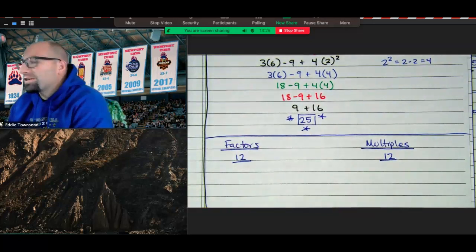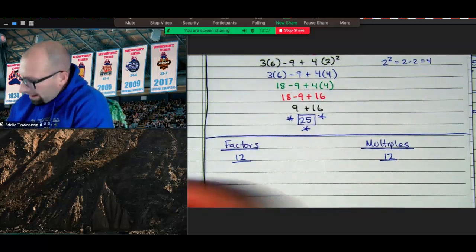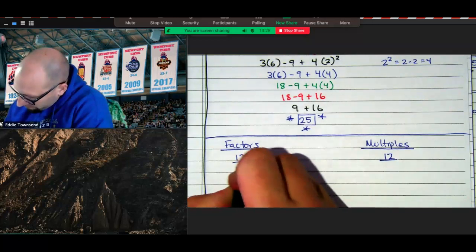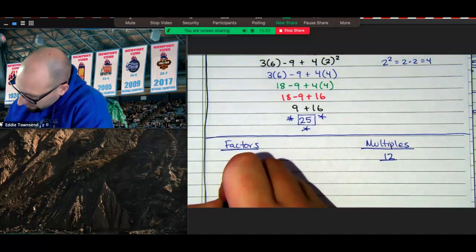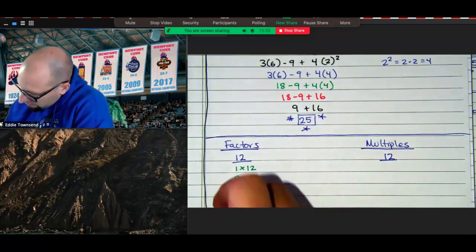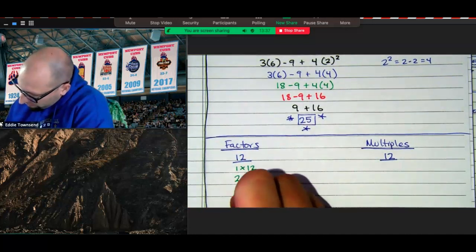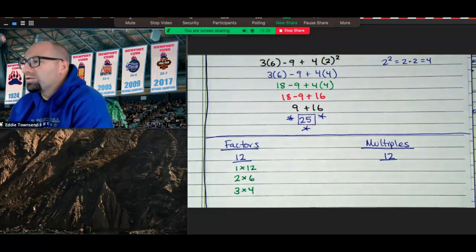So what are the factors of 12, right? We've got 1 times 12. We've got 2 times 6. We've got 3 times 4. Those are the factors of 12, right?